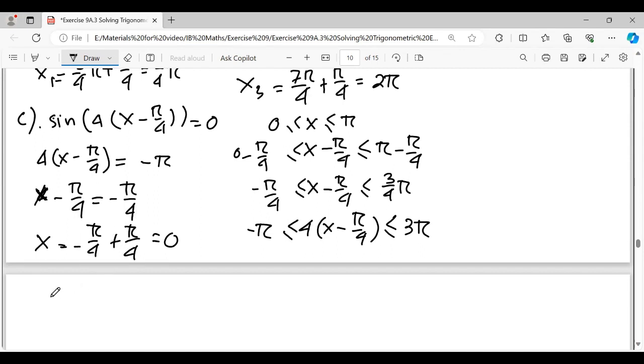And then for x2, 4 times x minus pi equals 0.